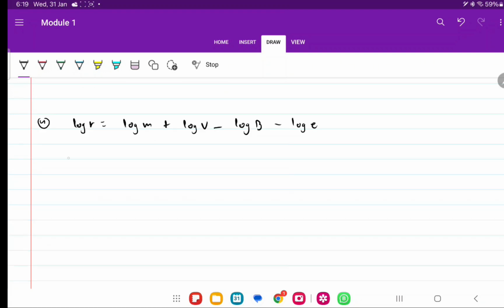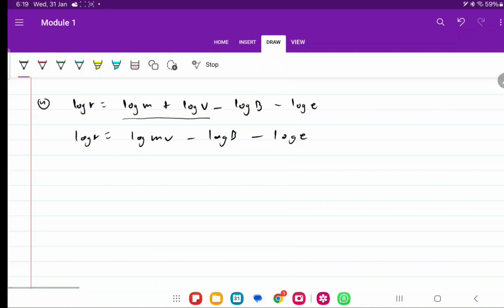Now here I have another one. Objective remains the same. I'm going to have the log of r is equal to, I'm going to bring the log of m and the log of v together using my product law in reverse. Alright, so I'm going to have the log of mv. Now what I'm going to do, let me just write this out first.